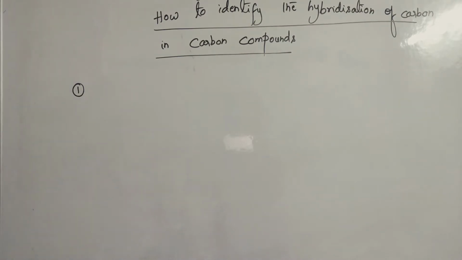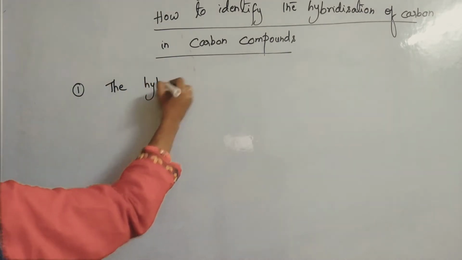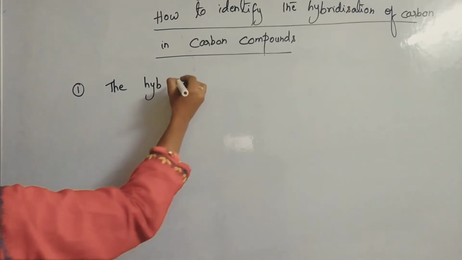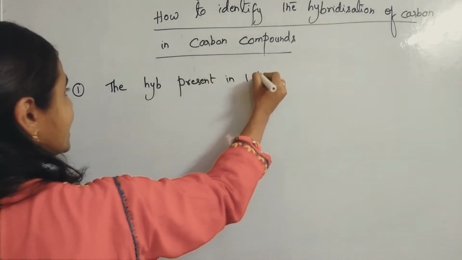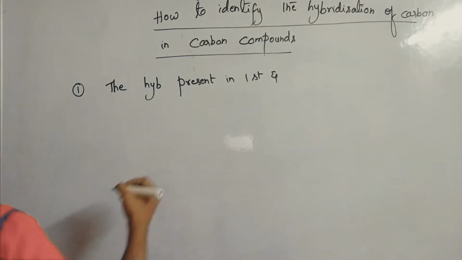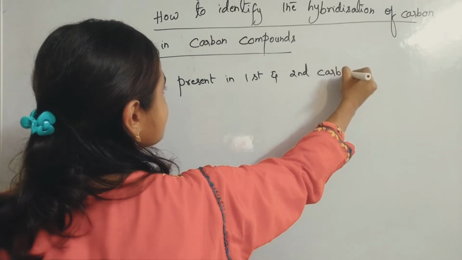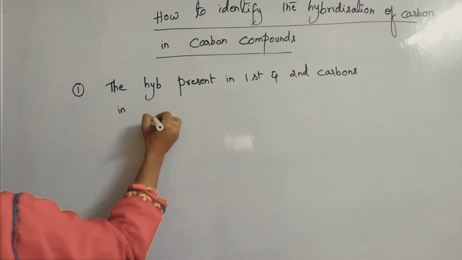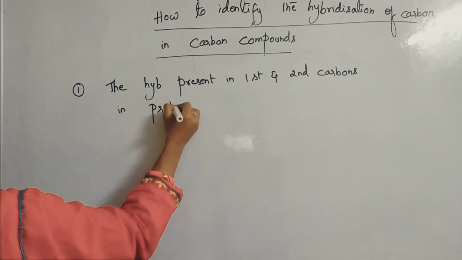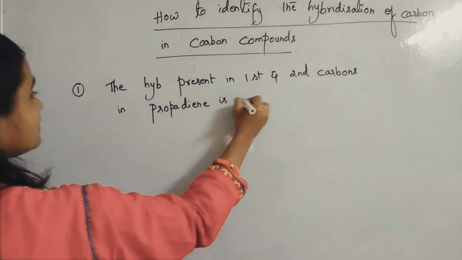Okay, so the hybridization of first and second carbons in propadiene is dash.